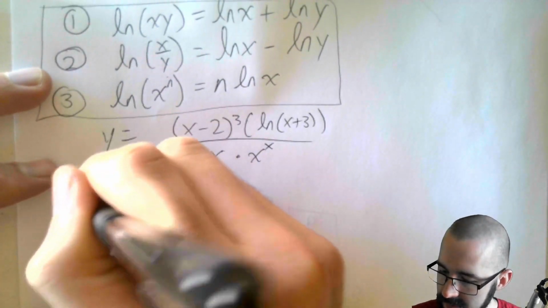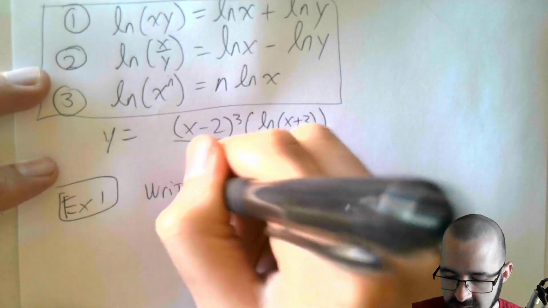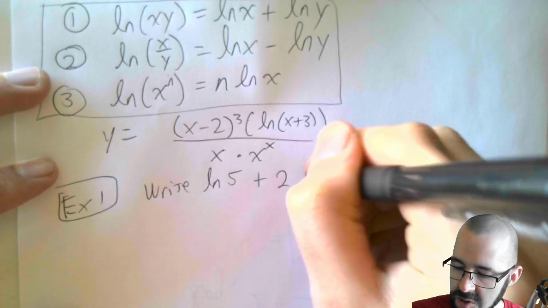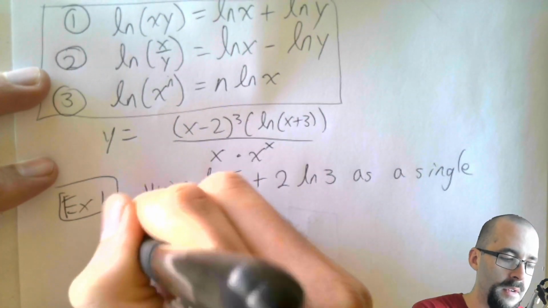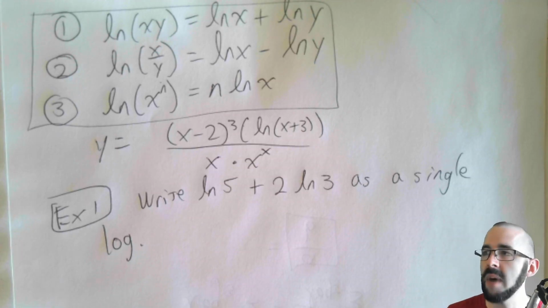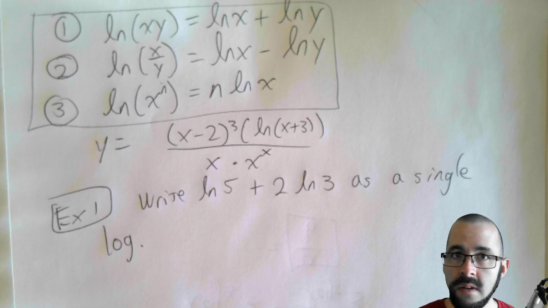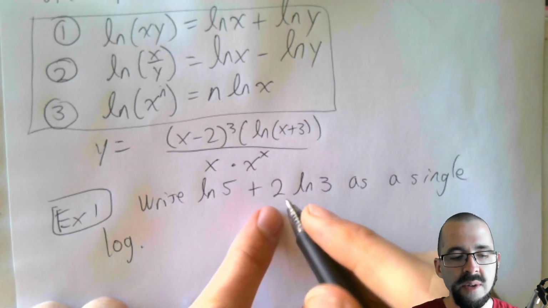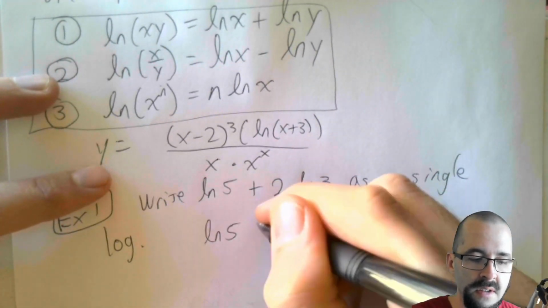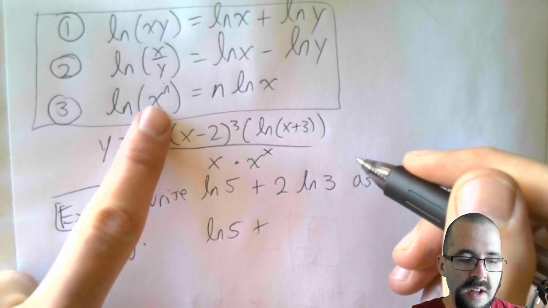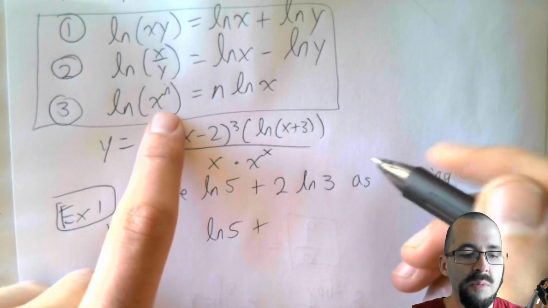So example 1 is going to be: write the natural log of 5 plus 2 times the natural log of 3 as a single logarithm, okay? So we're going to combine these logarithms. In order to combine a logarithm, you need the coefficients to be 1. So first we have to deal with that coefficient. This is going to be the natural log of 5 plus, remember, the exponent can come down in front, which means that if we have something in front, a coefficient, that can move up to the exponent.